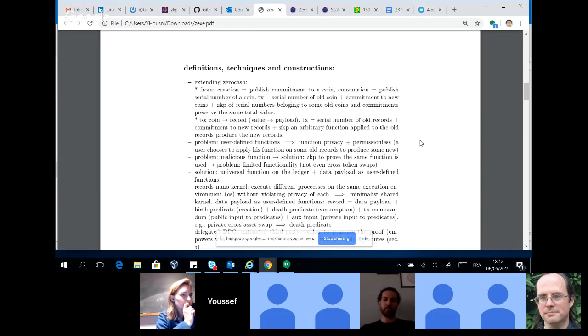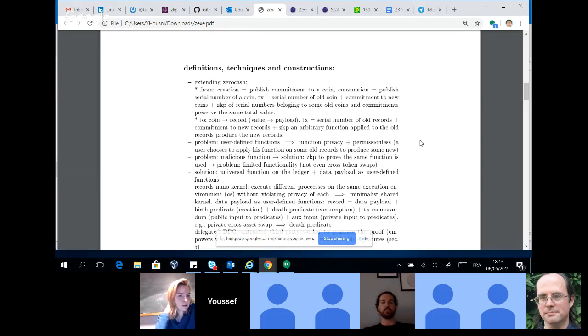An arbitrary function is applied to all the old records in order to produce new records. In ZeroCash, there was only one single function, which is the cash flow. This time we want any function to be applied to the records in order to produce new records.